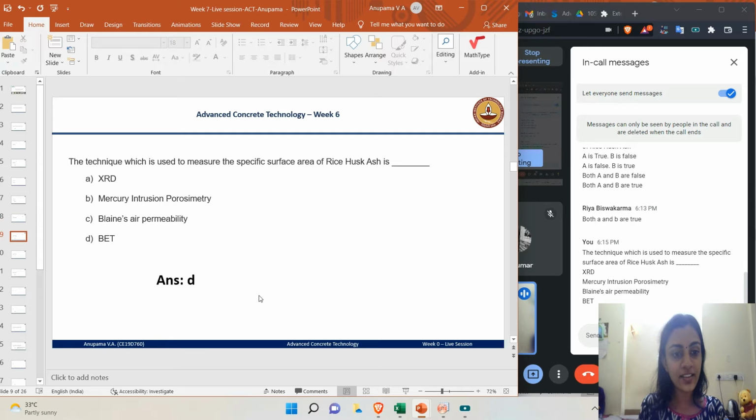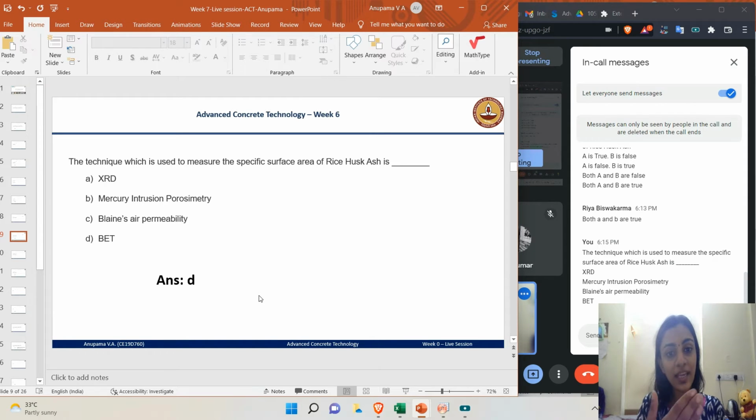Okay, the correct answer is B, BET. Why? Because Blaine's air permeability can be used in the case of slightly larger particles. Rice husk ash is a very fine particle. In the case of silica fume, rice husk ash and all, they are very fine particles. Blaine's air permeability cannot be used.